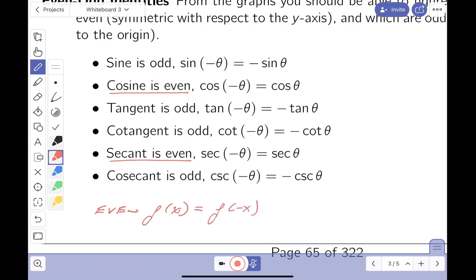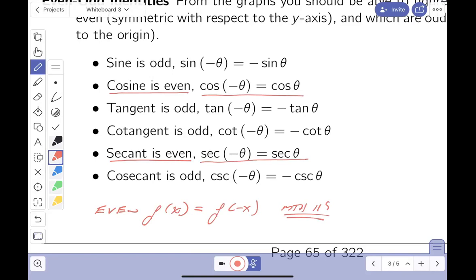This is something you learned in Math 119. So here's the deal. I wrote down the cosine of theta is identical to the cosine of minus theta. And the secant of theta is identical to the secant of minus theta.